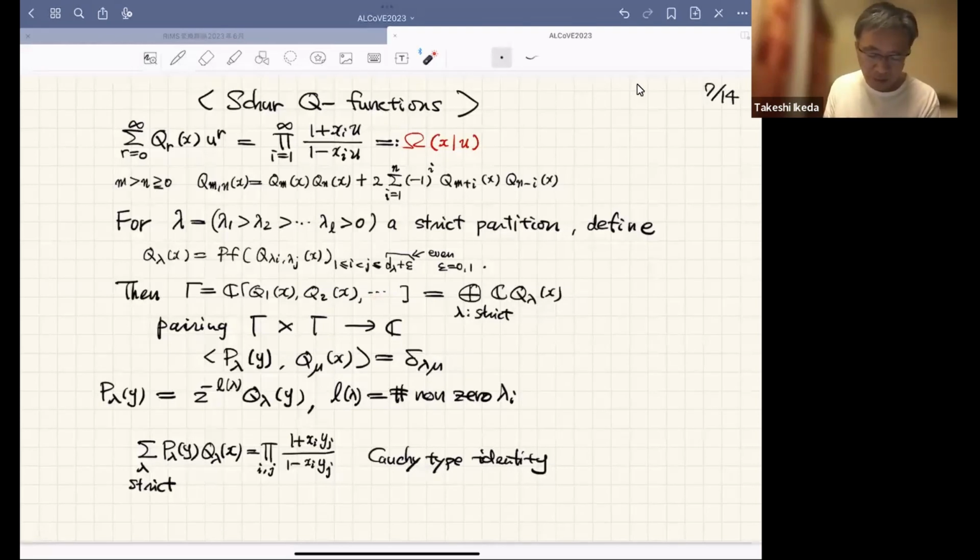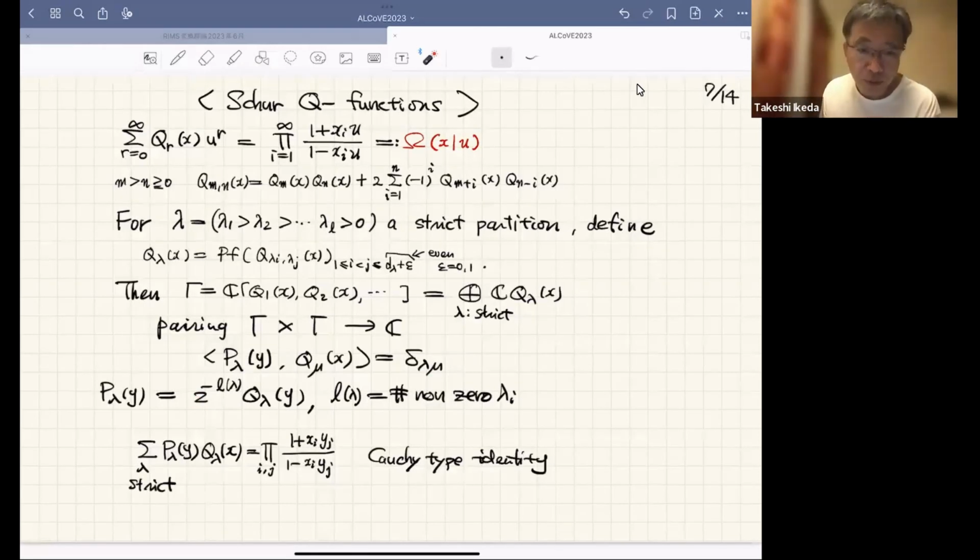Here the P function is defined to be a multiple of Q, where the length of lambda is the number of non-zero parts of our partition. This is the Cauchy identity. This is the classical construction introduced by Schur in 1911 in order to compute the projective characters of the symmetric group.